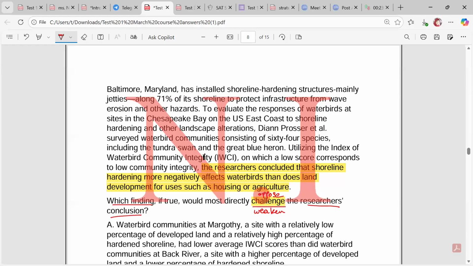Where is the researcher's conclusion? Usually the conclusion, the claim or the hypothesis is stated most of the time, 99%, at the end of the text. The researchers concluded that. After that, try to assign the main words.